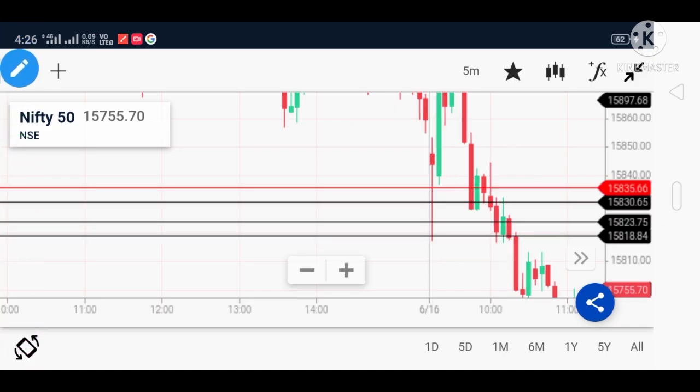So see, at these two levels Nifty did something different or not? It did, right? You can say this was support, so you should have taken the call, but the market didn't go up, so we would have taken a loss, right? So traders, we won't take the call at this point.